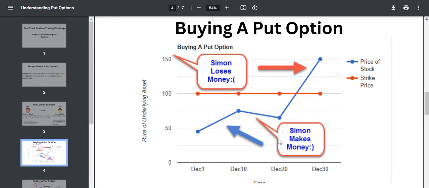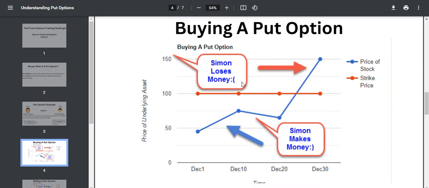He thinks it's going to be down here somewhere. The strike price is the price where Simon can sell StockX, which is $100 per share.